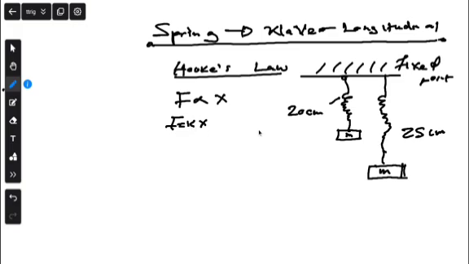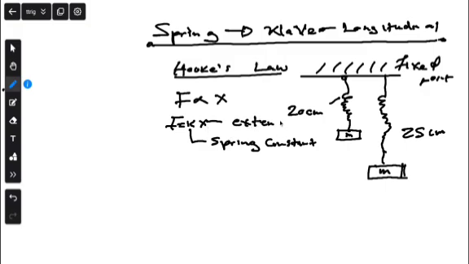This one is called the spring constant. So the higher the spring constant, the stiffer the spring is, and this is the extension.